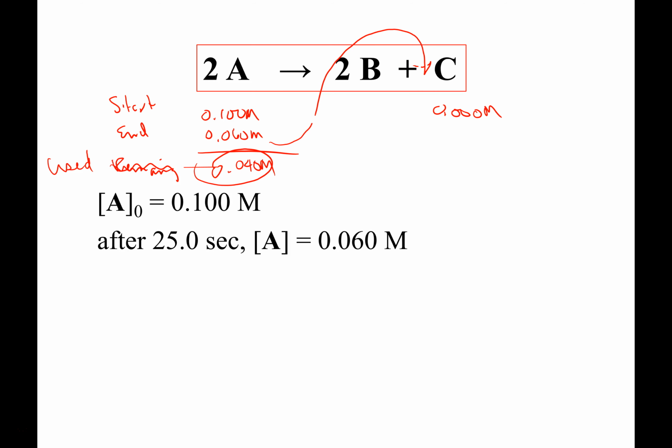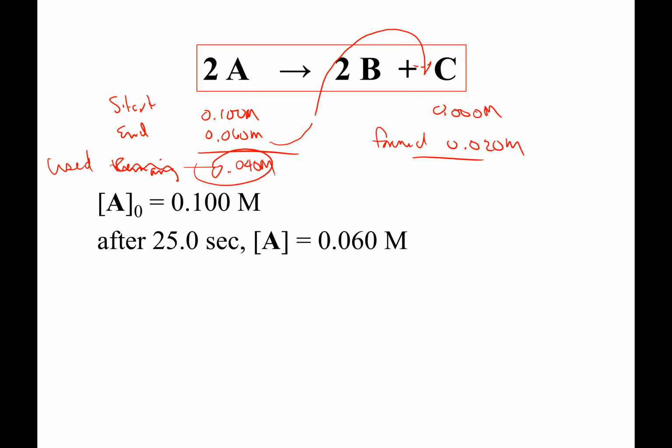If I used 0.040 moles per liter and converted it to products, that must mean I must have formed 0.020 moles per liter of C. Does that make sense? I've got math to show you that, this is just a bird's eye view. It does to me. And that's going to be important, that little bit of stoichiometry.